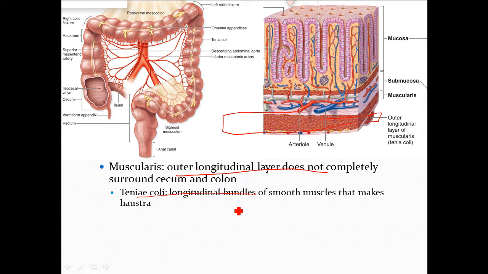And this one is made up of smooth muscles that causes the haustra. So one haustrum is one of these structures that you see here. These are multiple haustra. And what causes them to form their shape are smooth muscles that form these haustra.